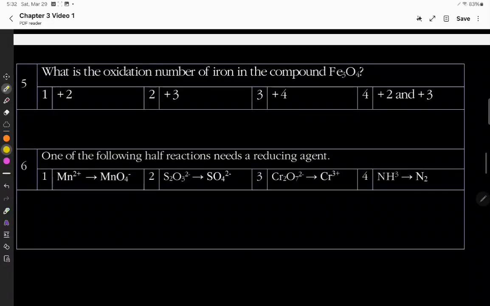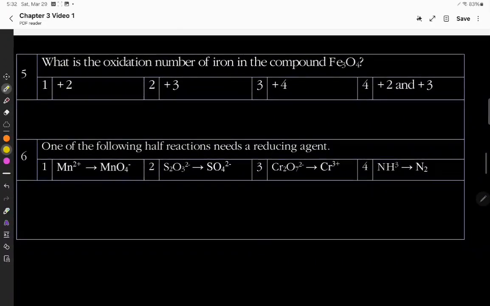Now let's look at the oxidation number of iron in the compound Fe3O4. If you try to calculate it, be aware of this case. If you try to calculate it like the first ones, you will make a mistake here. Why? Because this is a compound which is a mixture of Fe2O3 and FeO.